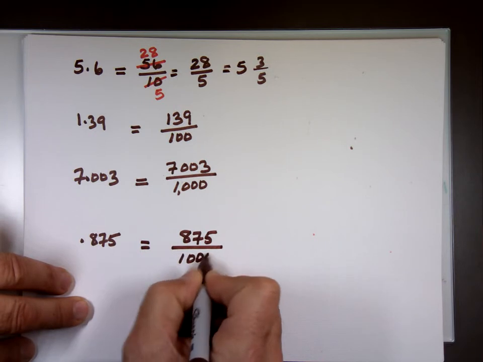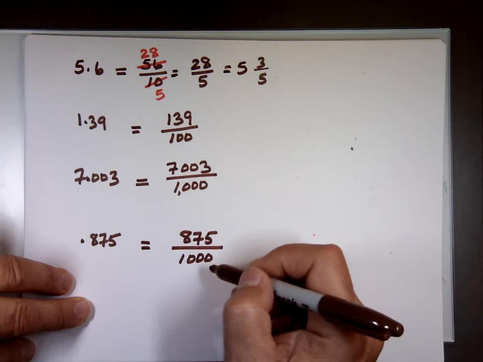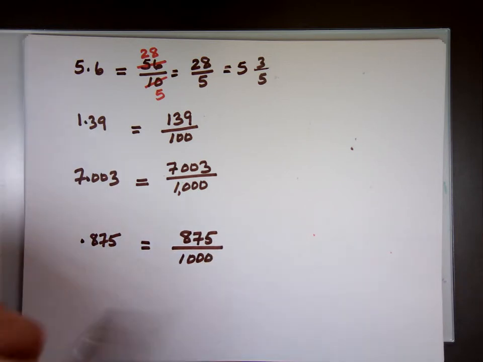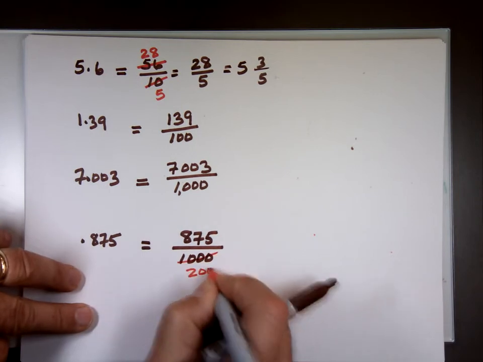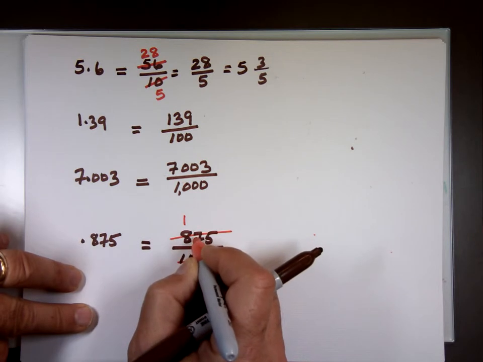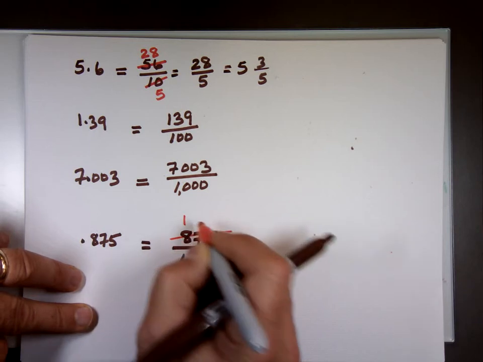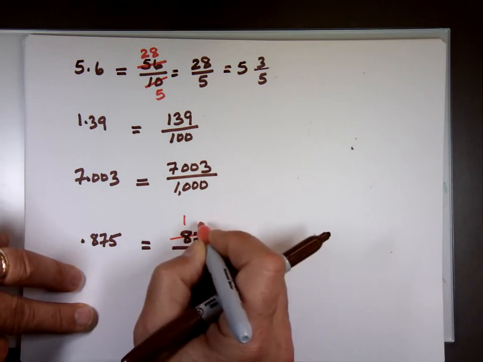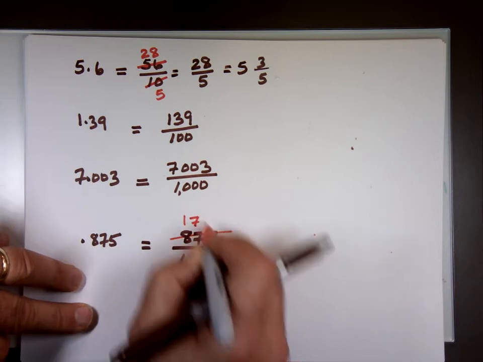Now I know I can divide this by 5. If the last digit is 5 or 0, you can divide by 5. So let's divide by 5. By 5, this is 200. By 5, this is 175. What's 37 divided by 5? 7 times 5 is 35. That leaves me with a 2. 175.